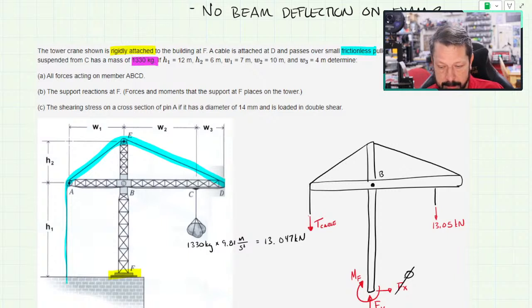So the first thing to do when you get there is look for two force members, because maybe you missed a two force member and you don't really have Fx and Fy, you just have F. That's not the case here. So that's not going to help us. So if you get that bad, you've looked for all the two force members, you've drawn your free body diagram of everything, and you still have too many unknowns, then start taking it apart.